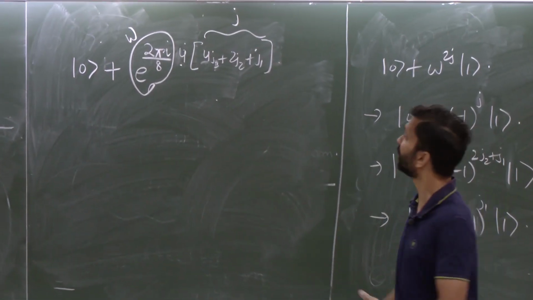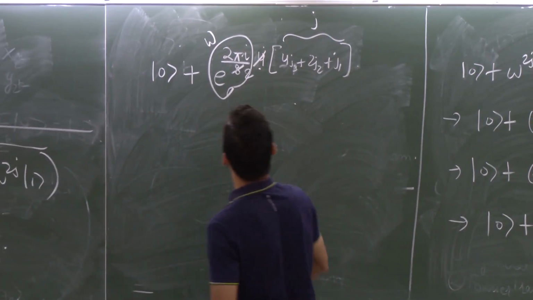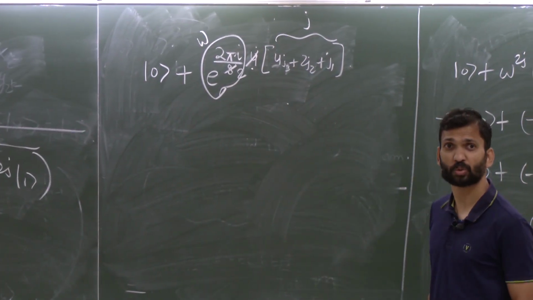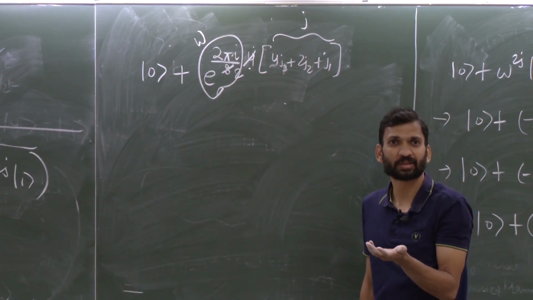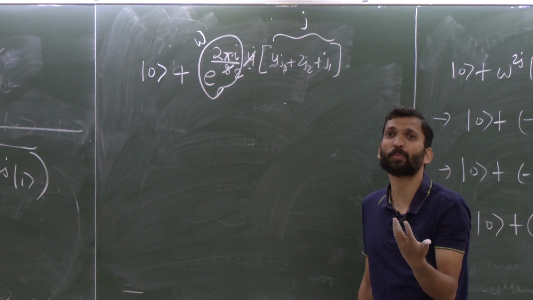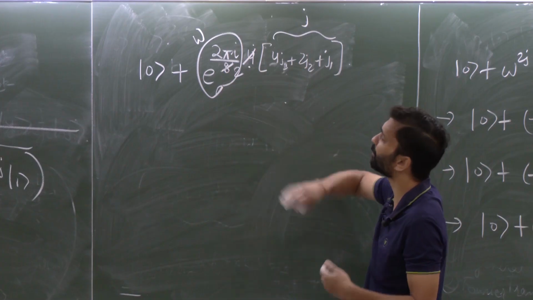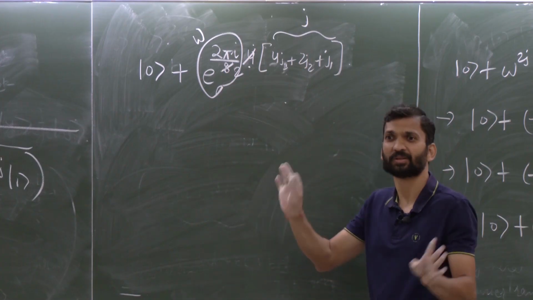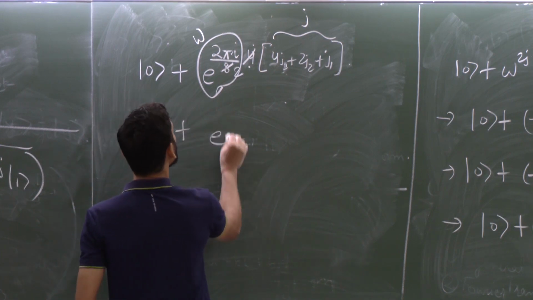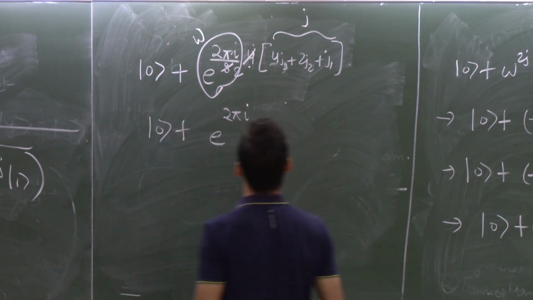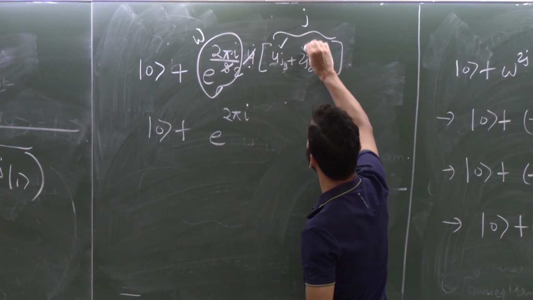Right? Now what happens? To 4J3, is it going to give us something? No, e to the power 2 pi i is 1, right? So anytime it is multiplied by an integer, nothing to do, right? So what state will I get? e to the power 2 pi i. This won't do anything.